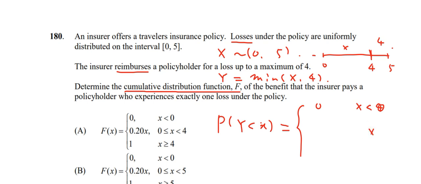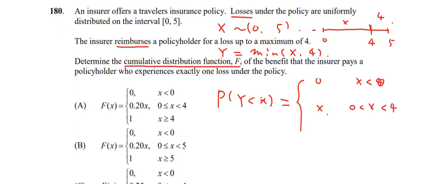If x is larger than 0 and less than 4, they will pay x, so the probability that they pay less than x is x over 5, right?